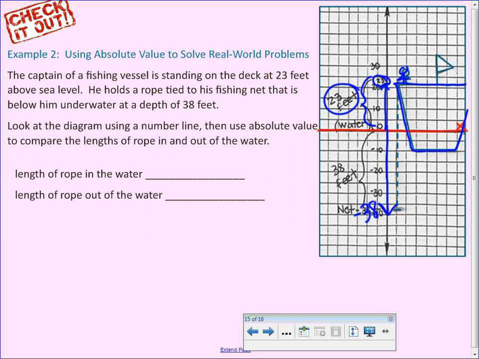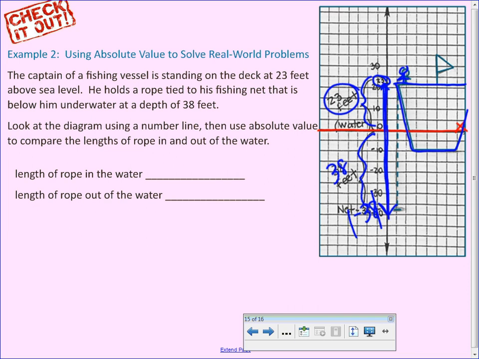But like we talked about in the beginning of class, we're talking about distance. Can this be a negative number? If I put a ruler down there, is my ruler going to have negative numbers on it? No. It's still 38 feet, even though it's below the number line. That's your absolute value. So what's his total rope?